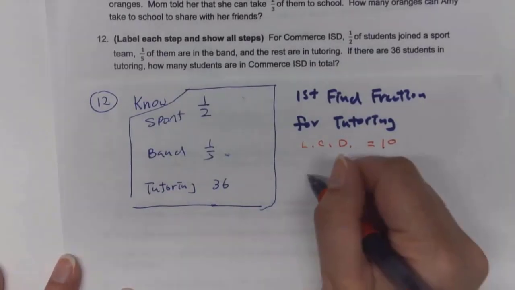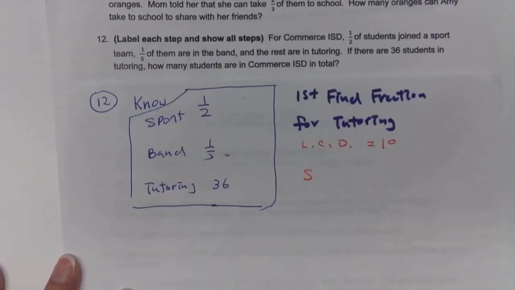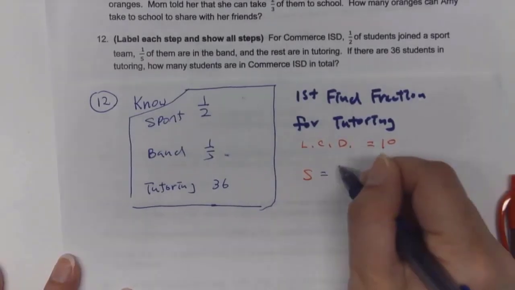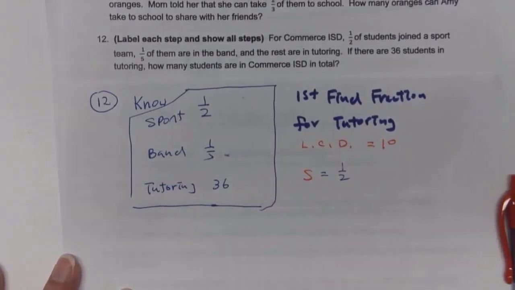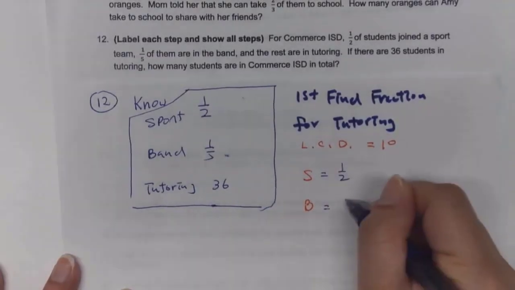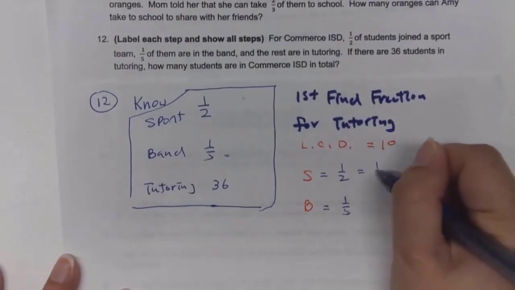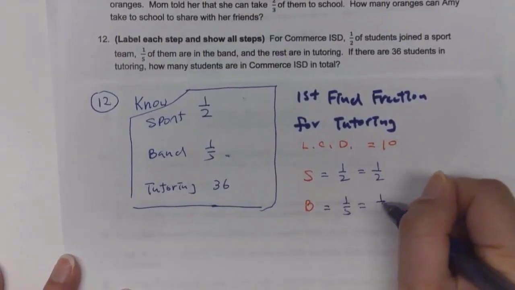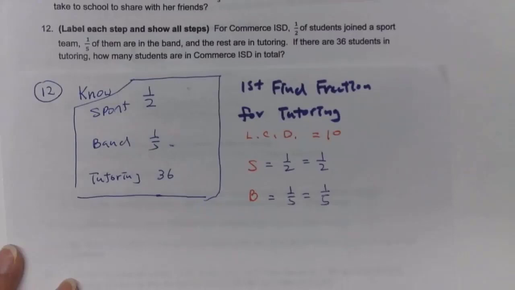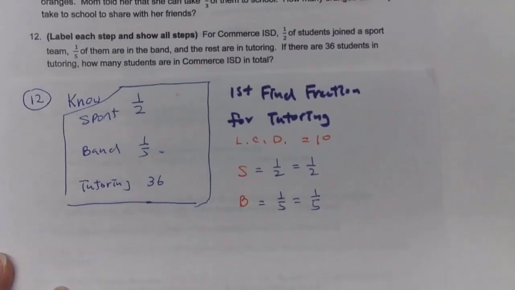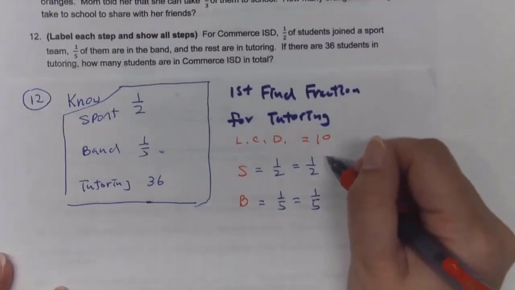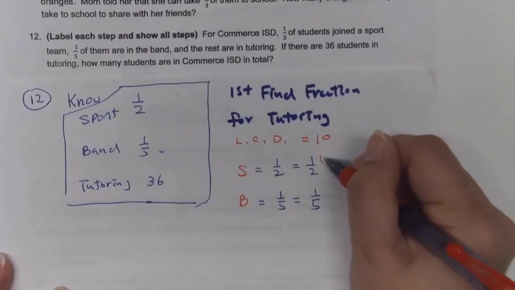So for the sports, we started with 1/2. For the band, we started with 1/5. And how do I get them to have 10 as my denominator? Multiply the first one, top and bottom, by 5.